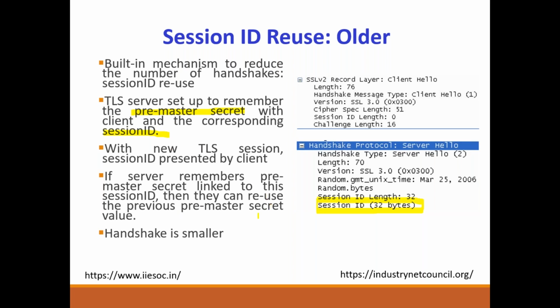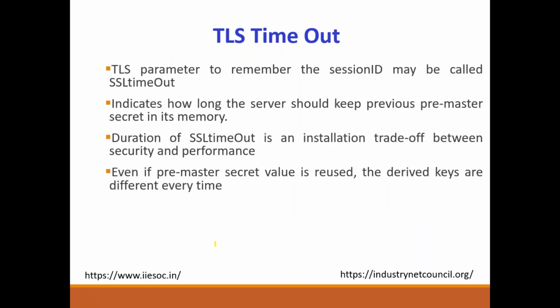So let's say that I was talking to you 1 minute ago and you want to talk to me again. Well, we don't need to go through the whole thing. We'll just remember it and reuse it. So that makes the handshake smaller if you want to use session ID reuse. But now we have a TLS Time Out or SSL Time Out.